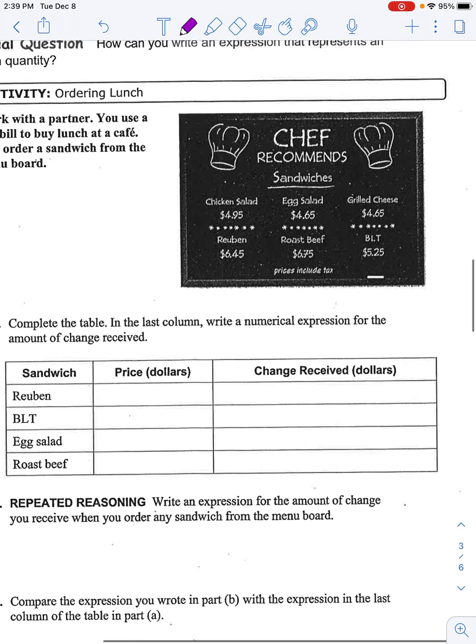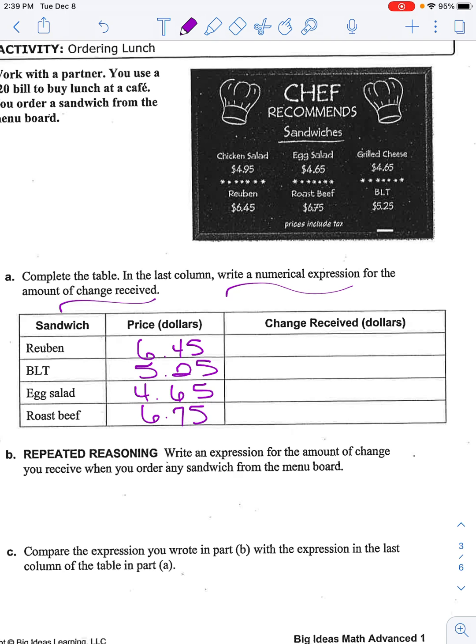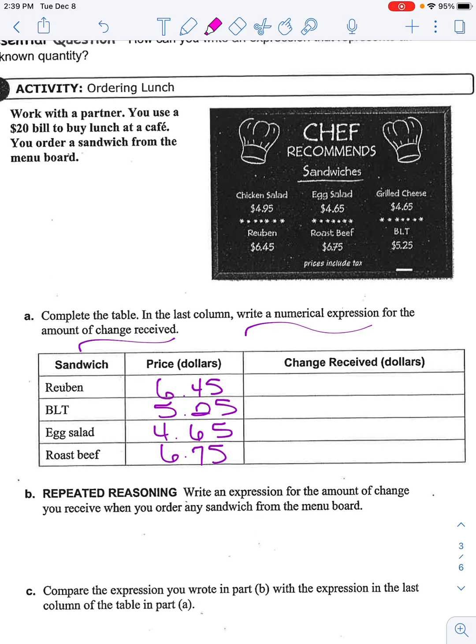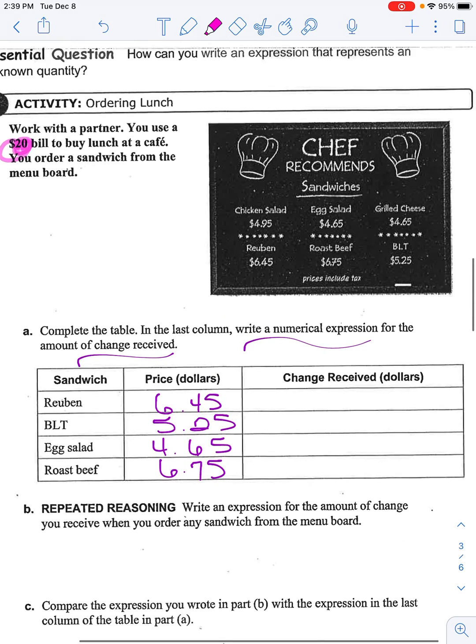A Reuben sandwich is $6.45. A BLT is $5.25. An egg salad sandwich is $4.65. And a roast beef is $6.75. Now we're going to write a numerical expression to find the amount of change. Well, remember, guys, that we started with a $20 bill, okay?